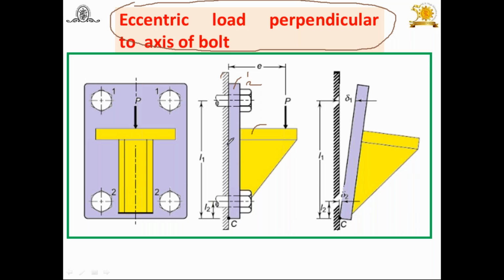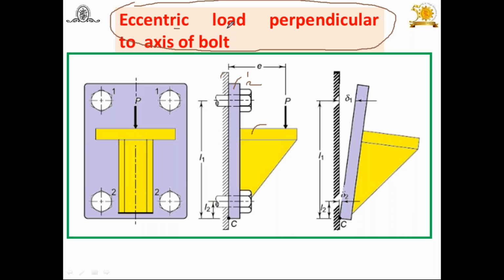Look at this now. You will find here the bolts which are shown, the bolt positions. In the last case, Professor Patil took 4 bolts, 1, 2, 3, 4, and he used the nomenclature P dash or P1, and P double dash for primary and secondary shear stresses. Here also we are going to use the same nomenclature as in V.B. Bhandari's book, no problem.